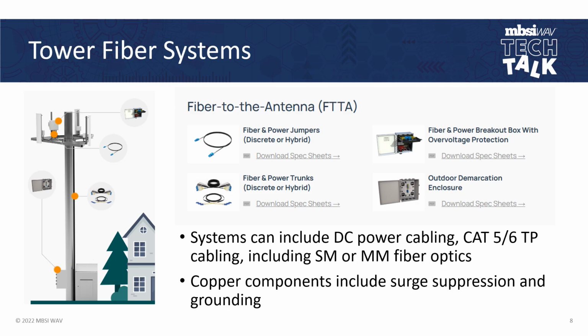The fiber is broken out, and patch cords are used to connect the hybrid cable to the radio device that's up the tower itself. And of course, DC power is then a DC jumper that goes from that junction box to the power connectors on the radio.